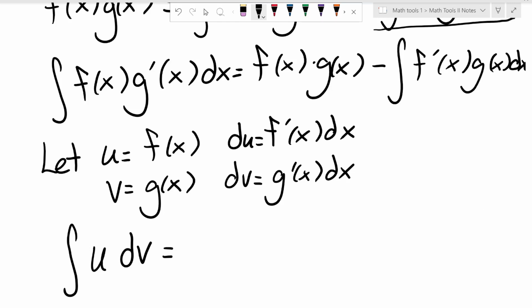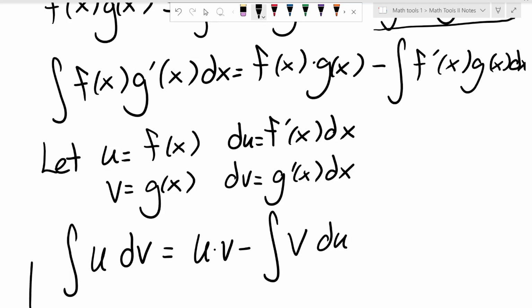So u times dv, this part right here, is just u times v, and then minus the integral of, well, we could rearrange this a little bit and we see g of x is v, and then f prime times dx. We don't want to separate the primes and the dx's, because they're together in that formula, so we don't want to do anything too overly complicated. So f prime of x dx will be du.